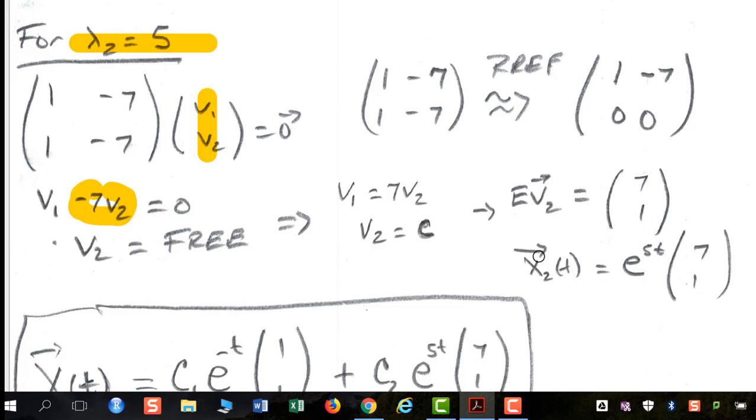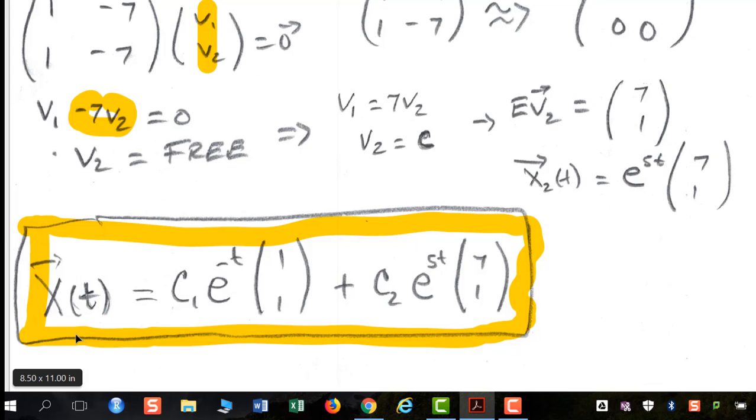And so my x2 vector is equal to e to the 5t times 7, 1. I combine those two together and get x of t equals e to the minus t times the 1, 1 vector times some c1, plus e to the 5t times the 7, 1 vector times some c2.